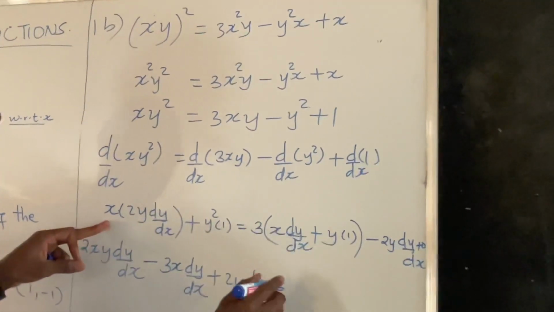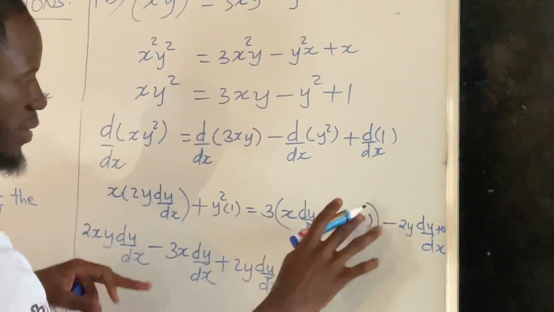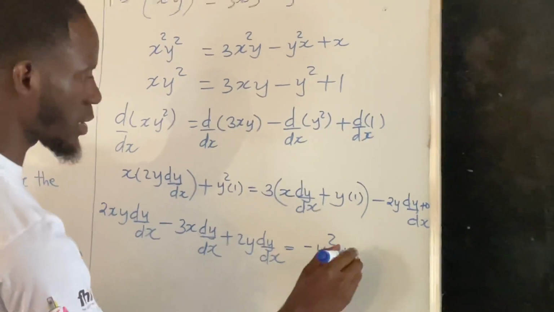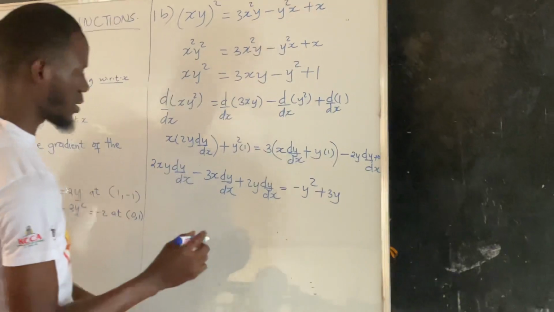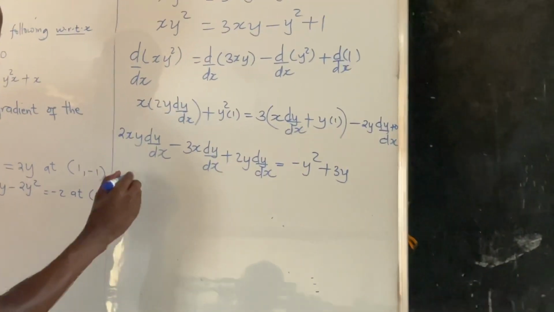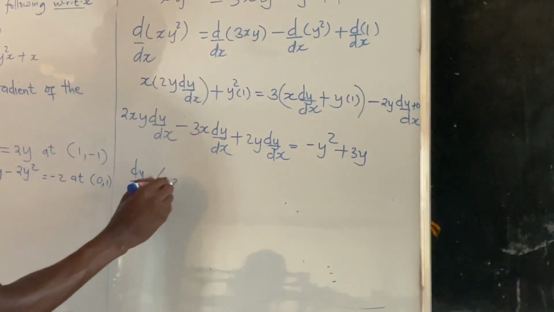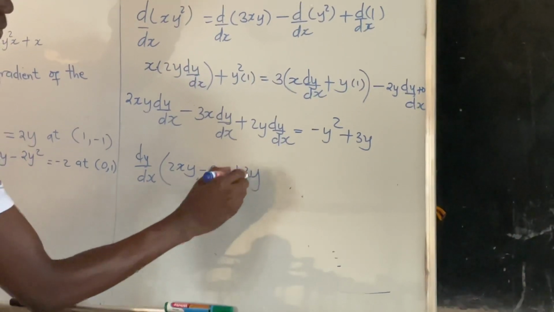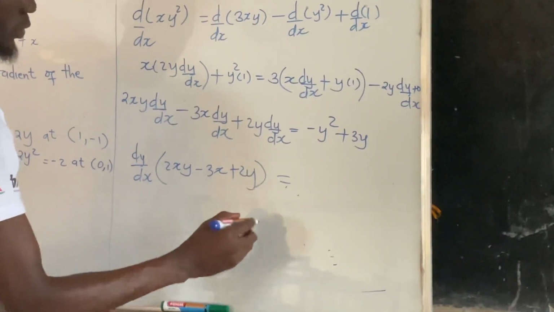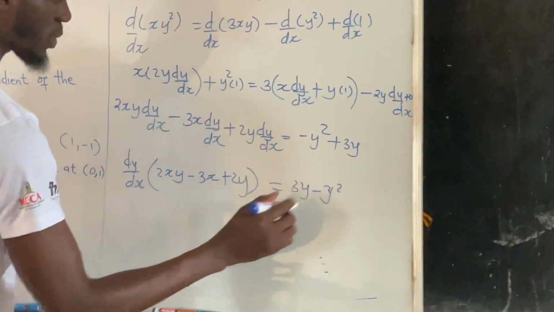So here we have minus y squared, then we have a plus 3y, then there is a 0 remaining. So factorize out that dy/dx, you will stay with 2xy minus 3x plus 2y. This is equal to 3y minus y squared.